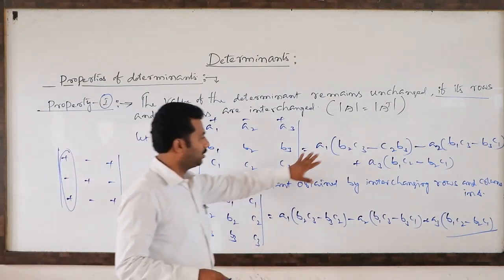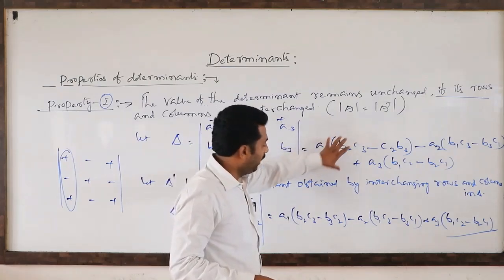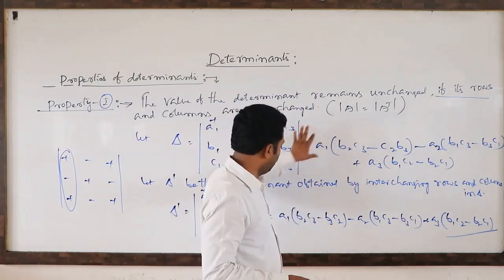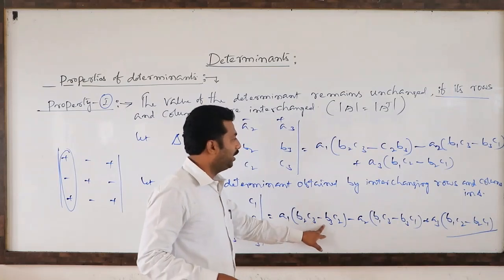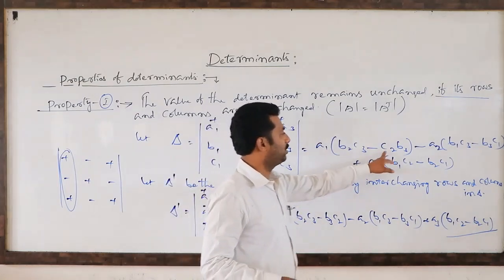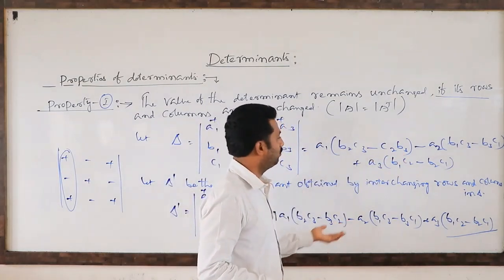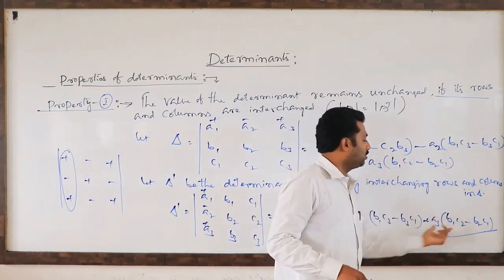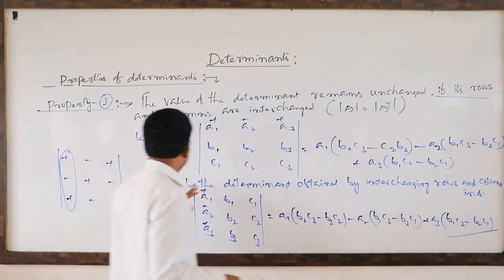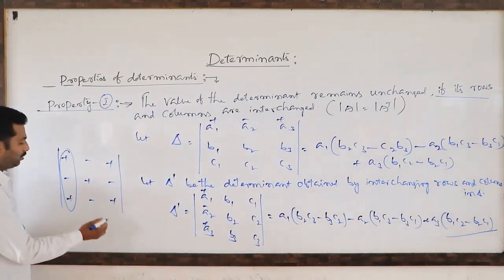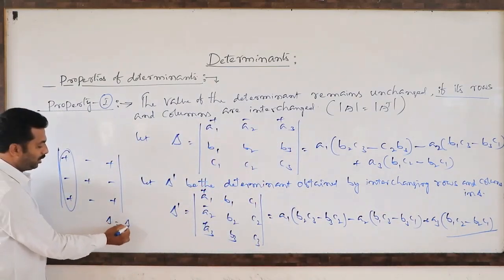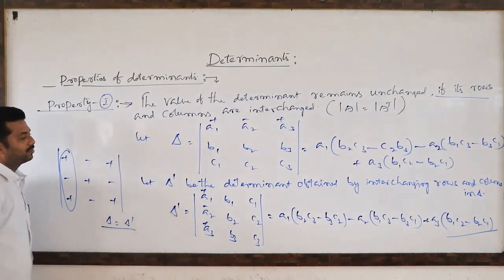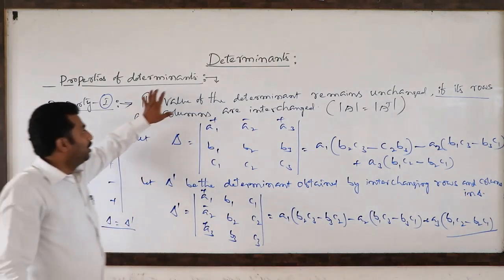Just observe the RHS parts, whatever same terms are appearing. See A1 B2 C3 minus B3 C2; C2 B3 or B3 C2, both will be the same. These two also the same, then these two also the same. So clearly delta is equal to delta dash. So what is the concept here?